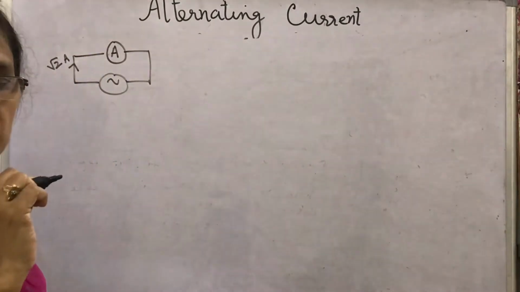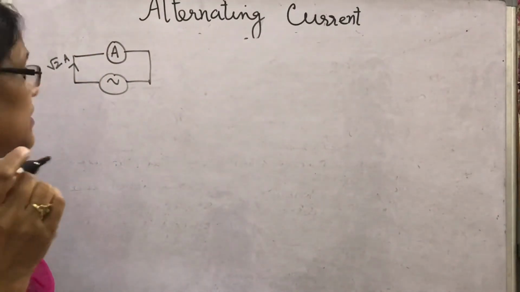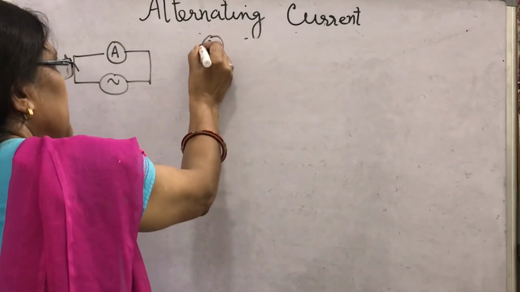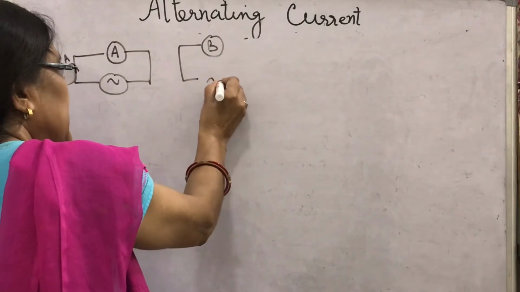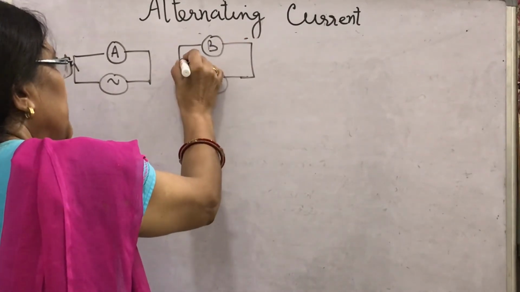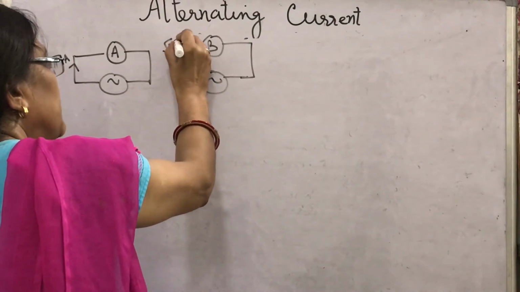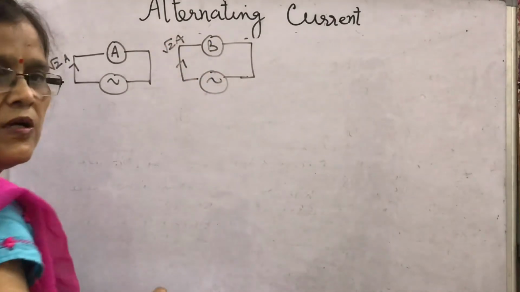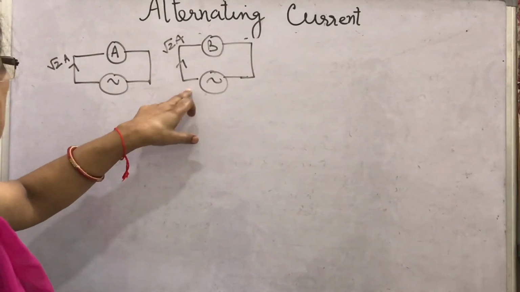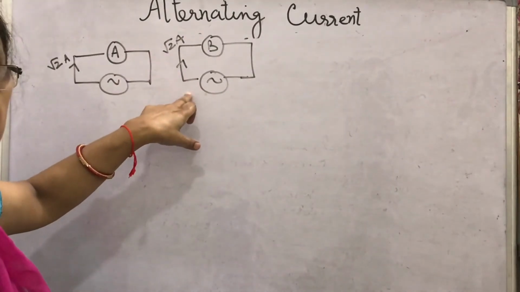Second line says when another AC element B is connected with the same source, again root 2 ampere current flows through it, but in this case the current leads the voltage by 90 degree.